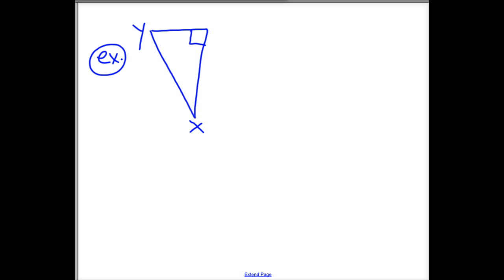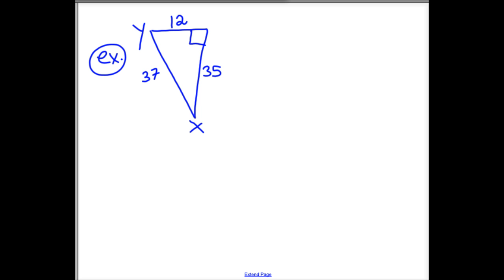Maybe a 12 here and a 35 here and a 37 right here. So I've got the side lengths. I don't know the angles. I'm going to tell you how to find those in a later segment. But I've got the side lengths, and the first thing I want us to do is just get used to setting up the trig ratios.